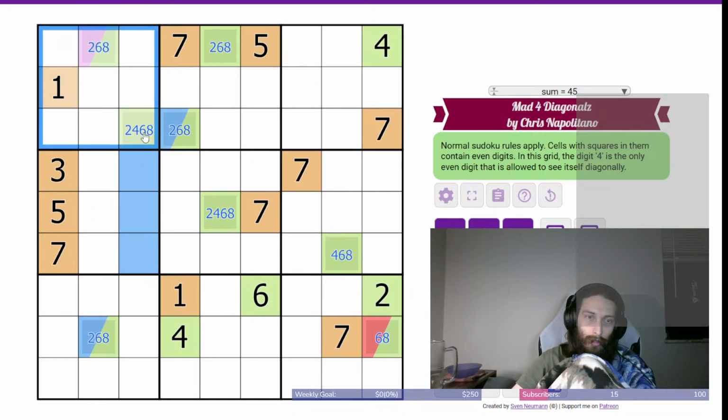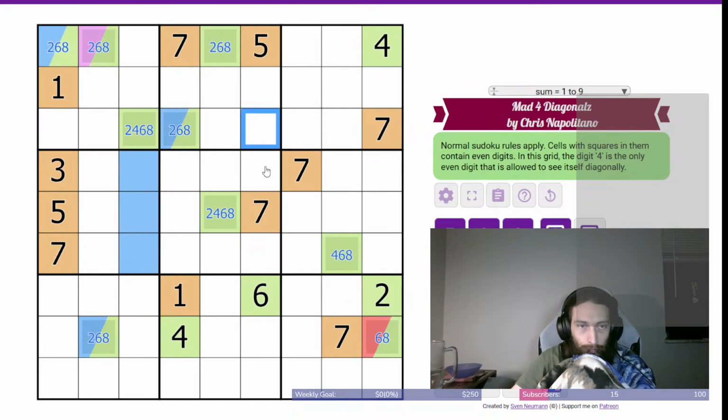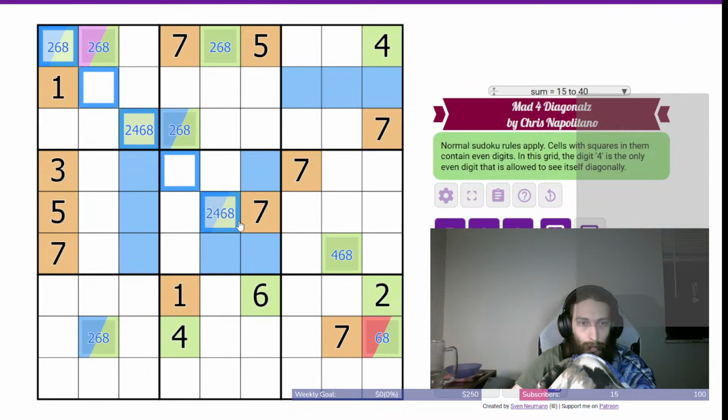And then how does it work in here? Well, it's not there, there, or there, and it's not 1. So that's blue. So then you get blue in there. You get blue like that, except it can't be on the diagonal, and it can't be on the main diagonal, so it's off of both of those.